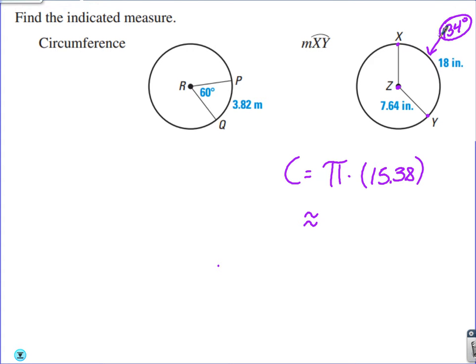Let's go through that process again. Let me help you understand. First step, I found the entire circumference by doing this, pi times diameter. Once I found the entire circumference, I asked myself, well, what does this arc represent? What portion of the entire circumference does that arc represent? And it's going to be 18 out of whatever the circumference was.